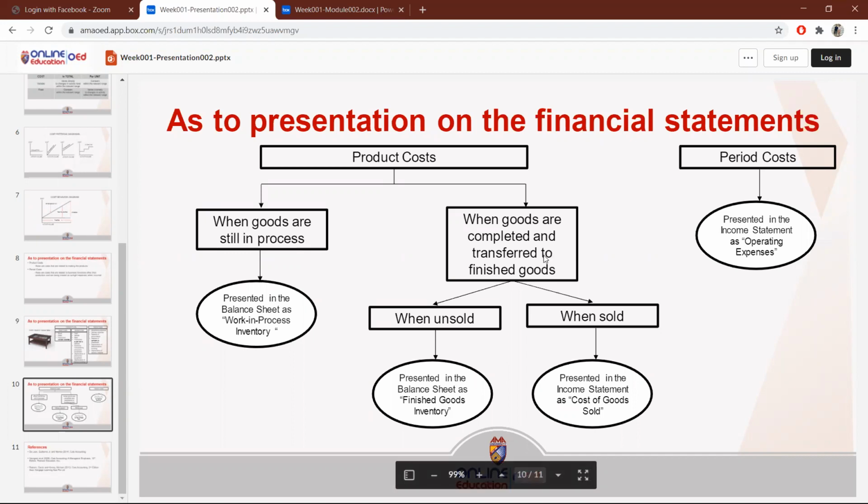When goods are completed and transferred to finished goods and unsold, of course, it is finished goods inventory. When sold, it goes to the income statement that I mentioned earlier, as cost of goods sold and product cost. Whereas the period cost is presented in the income statement as operating expenses. So when it is sold, it is part of cost of goods sold. If it is a period cost not related to the production, it's part of operating expenses.